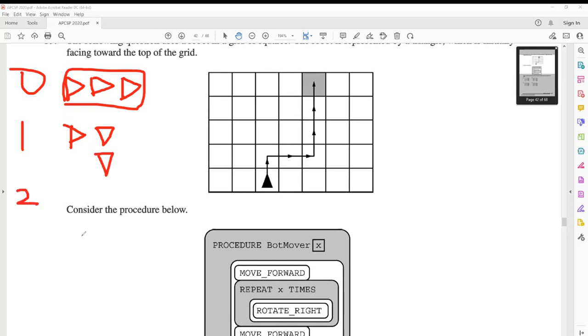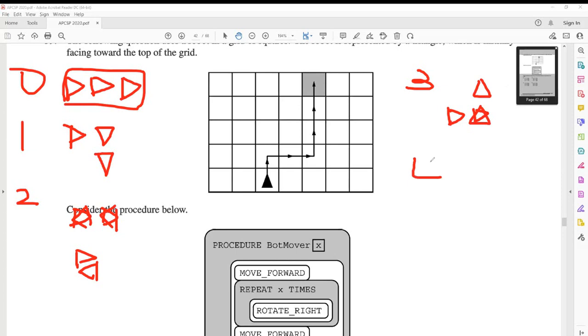Okay, X equals 2, you move forward and then rotate right, and you rotate right again, you become this direction. And move forward, you go to here. So originally you are here, you end up at the same box but in this direction. This is 2. How about 3? For 3, you move forward, and then you rotate 1 to this, 2 to this, 3 to this, and then move forward so it becomes this.